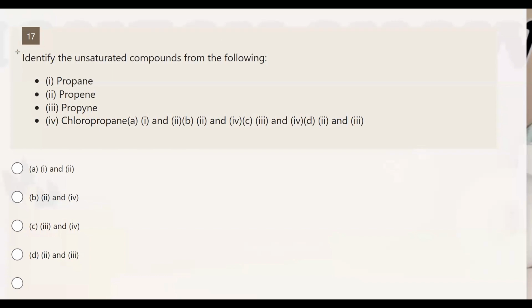Next question from carbon compounds. It says identify the unsaturated compound. Unsaturated compounds are alkene and alkyne. Alkane, ending in ANE, is saturated. Alkene, ENE, is unsaturated, having one or more double bonds between carbon-carbon atoms.